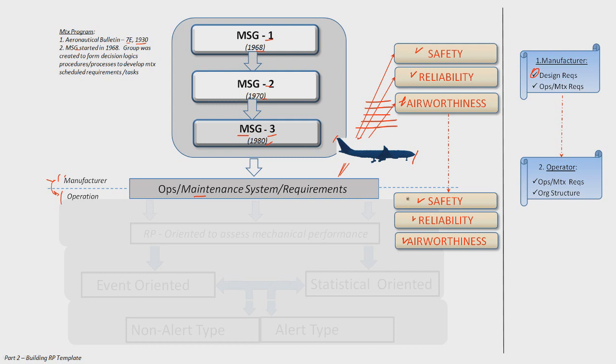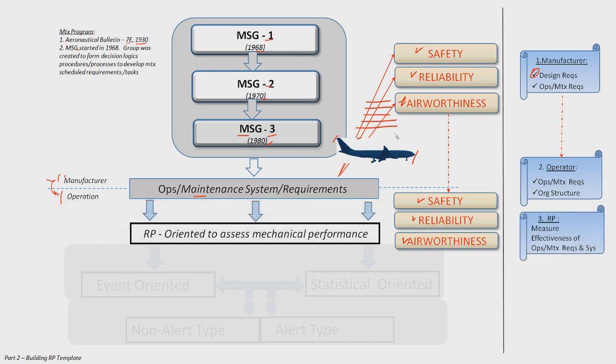Here's an interesting story. One thing is when we design something, when we develop something, when we build something. Another thing is when it goes to real life. Unfortunately, it's not always what we designed. It does not always behave the way we expected, right? And we need to put in place a system that helps us to assess our product's mechanical performance.